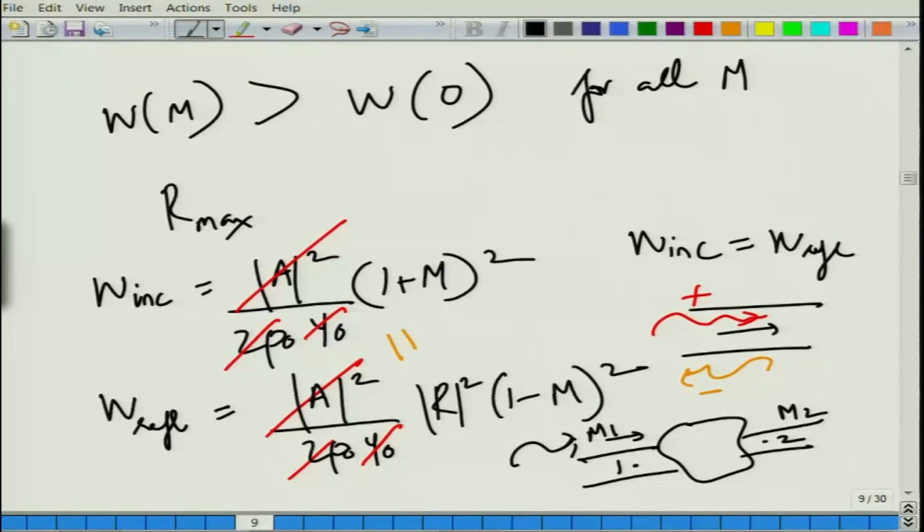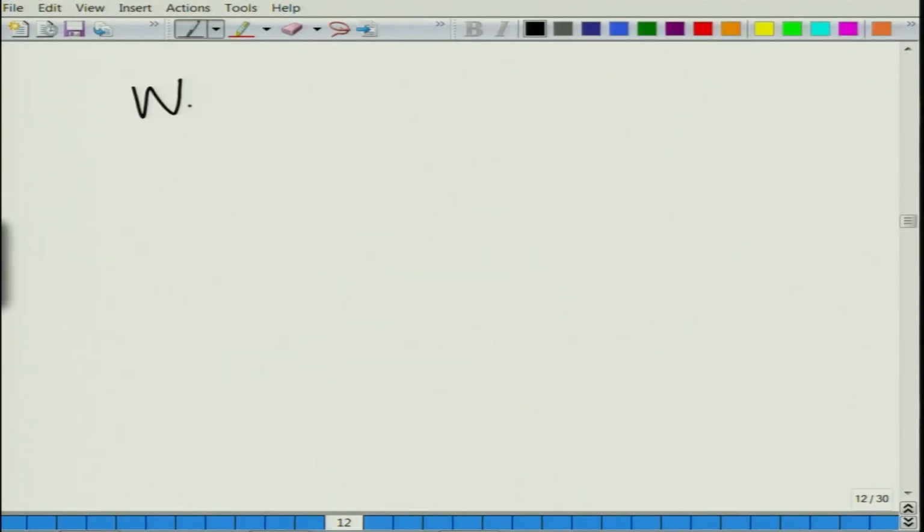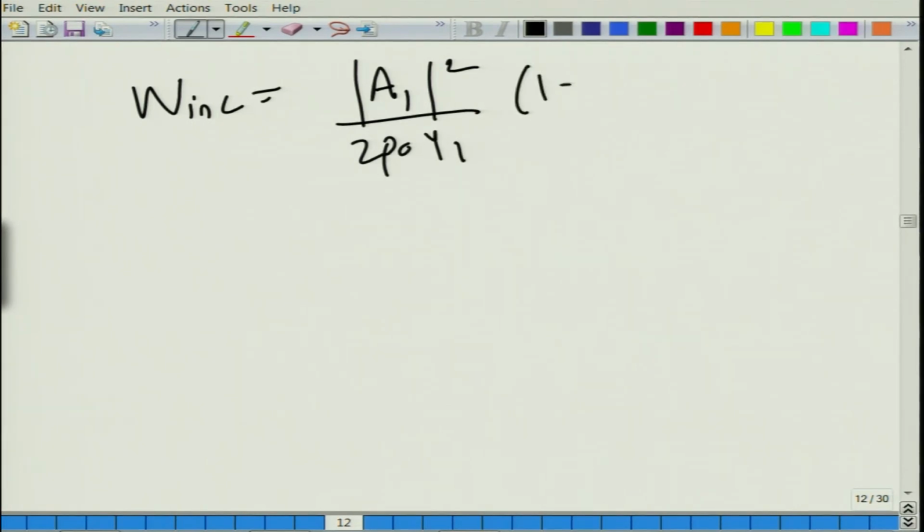So, we will write this as W incident is equal to A1 square by 2 rho naught times (y1 plus M1) whole square.